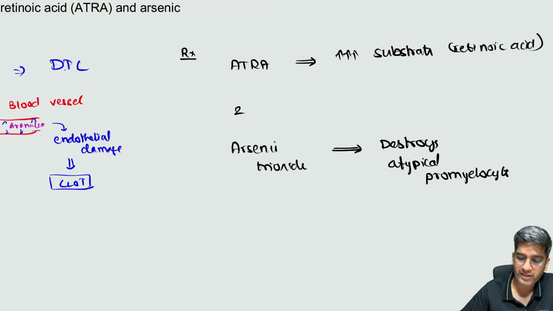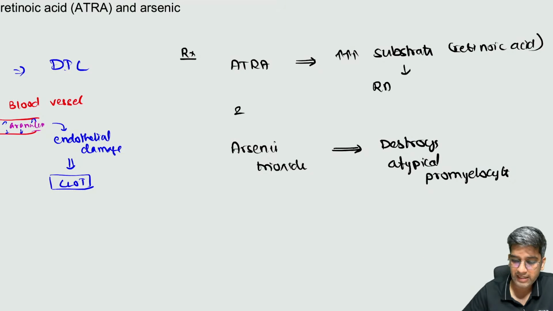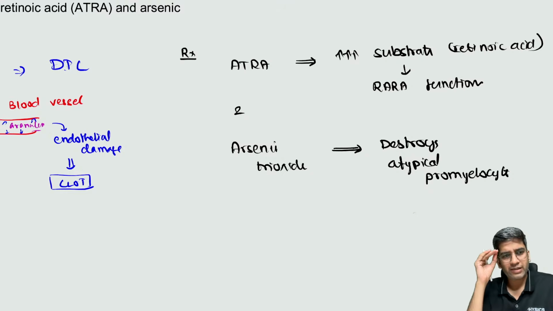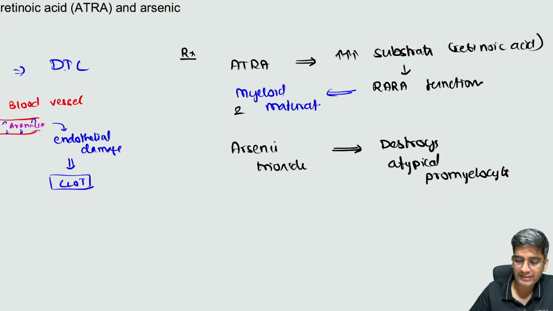Once I increase the substrate, automatically they'll overcome the block and it'll make RA function. It will not be 100% functioning, but definitely it'll start functioning. The moment it starts functioning, what will happen? The maturation arrest will be gone, and this will result in myeloid maturation. The moment myeloid maturation happens, everything might slowly return back to normal, right?